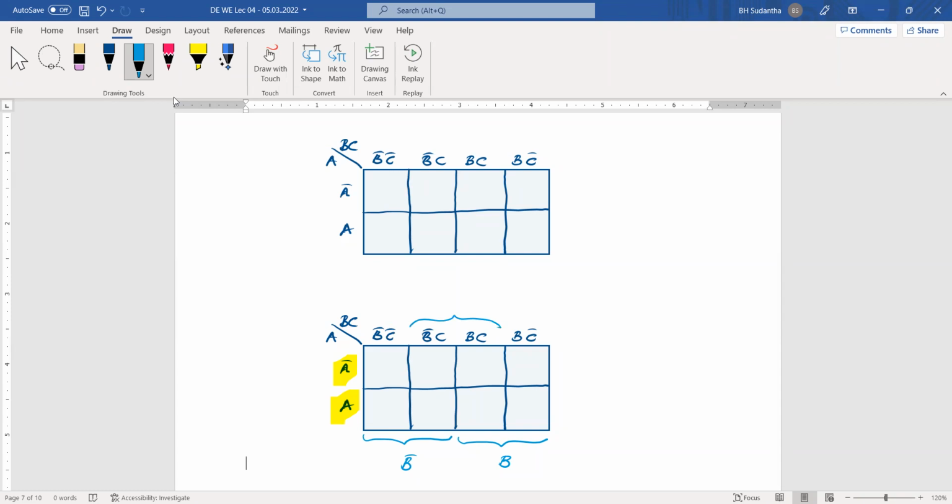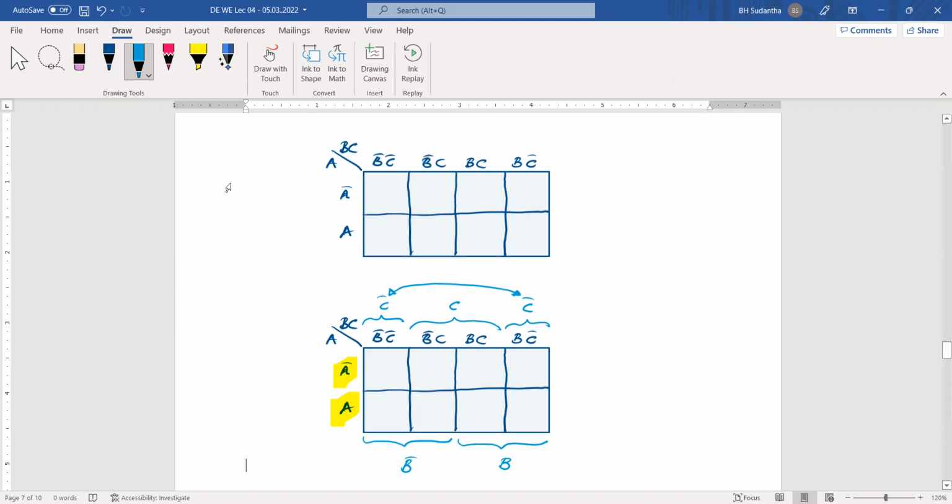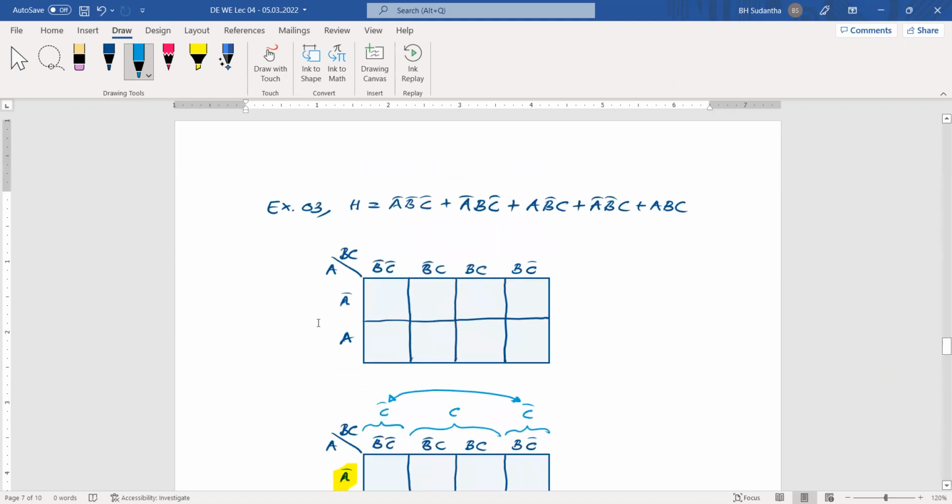This is C. And if you have these two columns, that is C bar. Okay, then shall we try this?